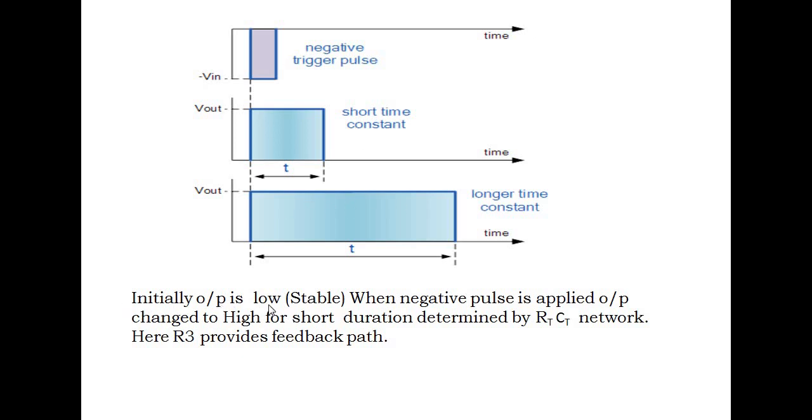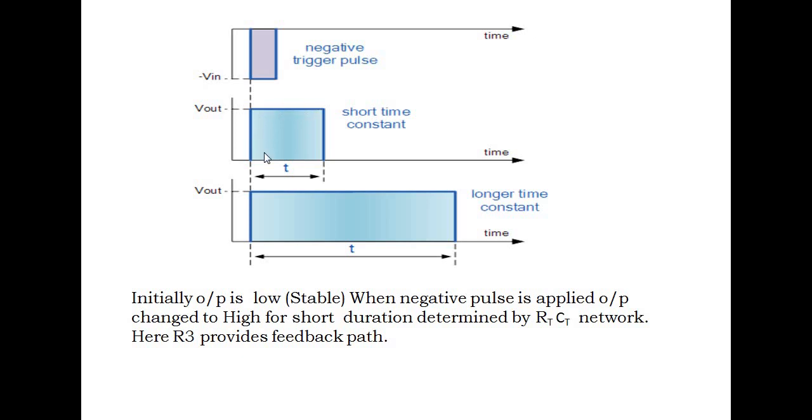Initially the output is low here, which is nothing but a stable state. When a negative pulse is applied, the output is changed to high for a short duration determined by RT and CT. When and only when a negative pulse is applied, then only the output is changed from low to high.